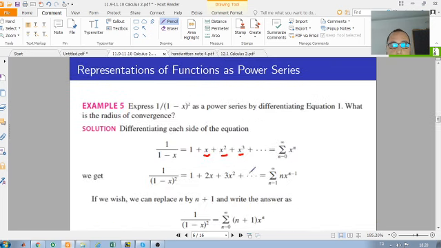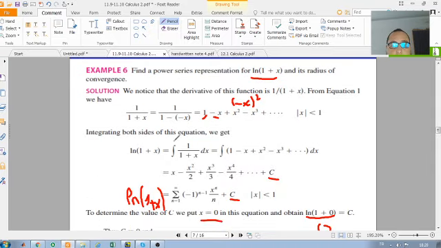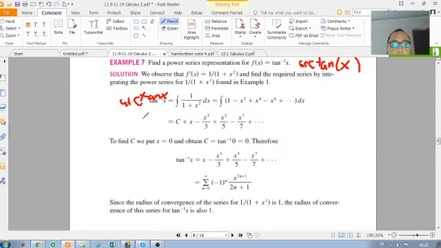Using this, you can easily find a power series representation for arctangent x: writing the power series representation for 1 over 1 plus x squared and integrating each term, arctangent x is equal to the integral of 1, which is x, the integral of minus x squared, x cubed over 3, and so on.